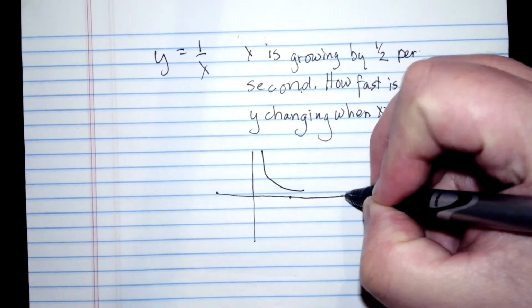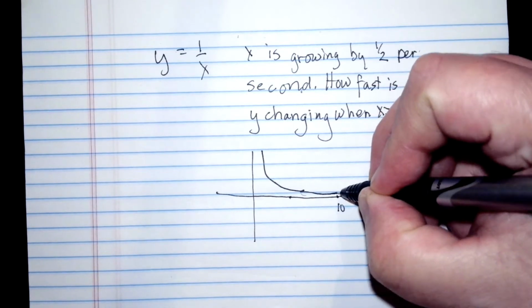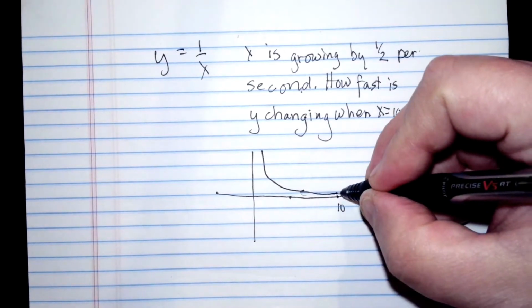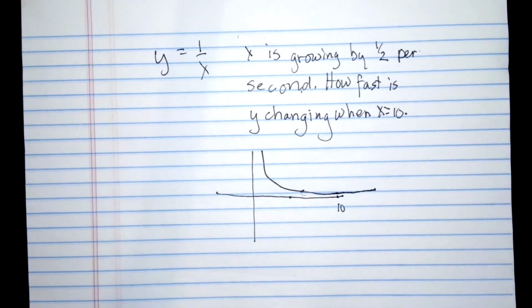So let's say we're going way out here at x equals 10. And now x is changing by 1/2 per second. So it's increasing by a rate of 1/2 per second. So that tells us something about how fast we're going here. Now, as x increases, the y is going to decrease. And so the question is, how fast is y decreasing at that point?